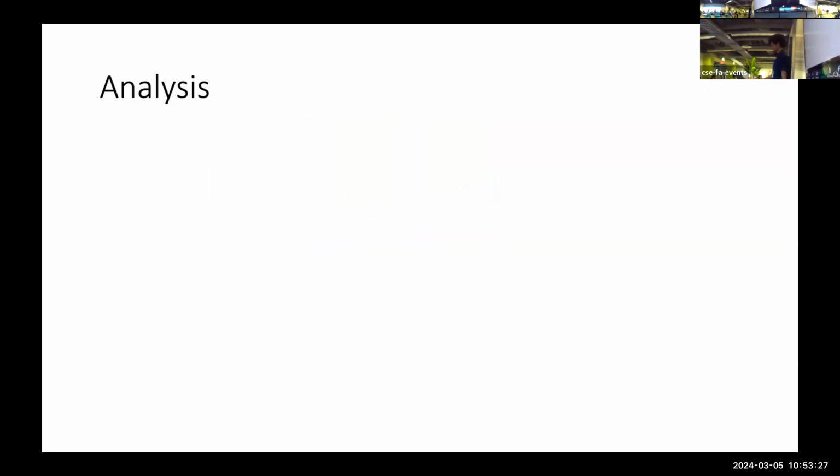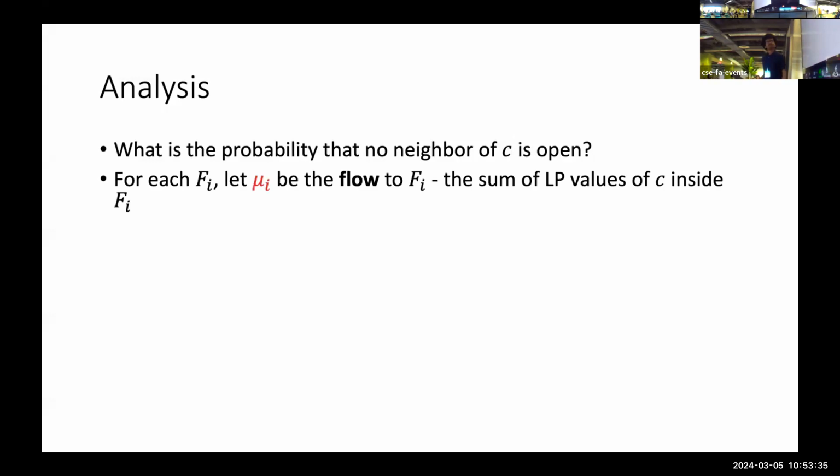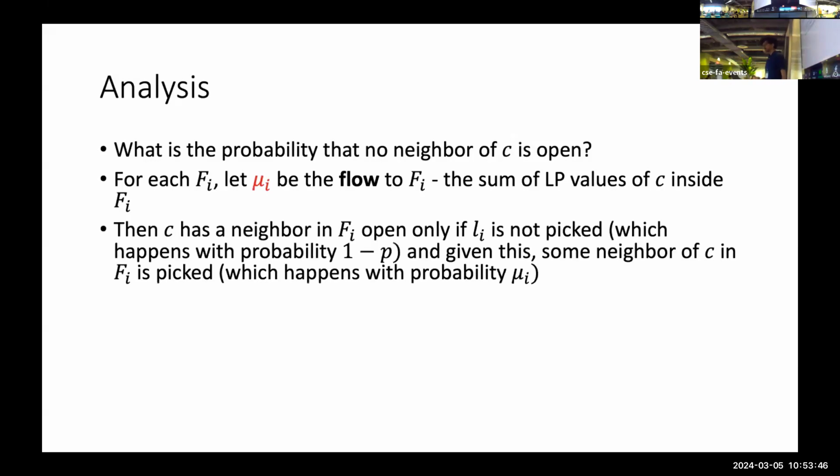Okay, so let's analyze this fully and see why we get the number that we get. What's the probability that no neighbor of C is open? That's what we want to analyze first. For each Fi, let's define the flow mu i, the sum of LP values of C inside Fi. So when does C have a neighbor in Fi that's open?